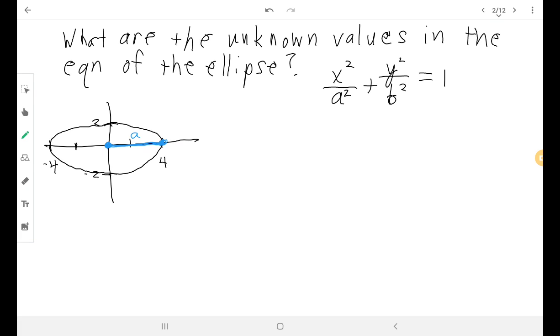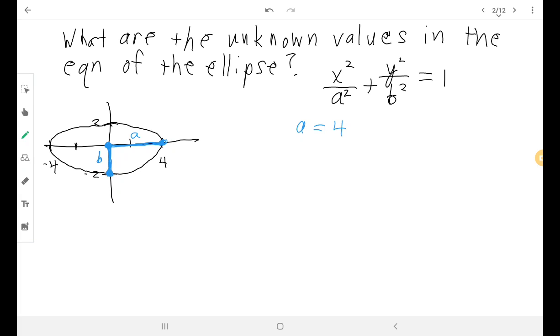And that distance a is going to be 4, as you can see. It's pretty easy to see in this one. So a equals 4. And then the distance b is from the center to either one of these co-vertices right there, and that will be our distance b.